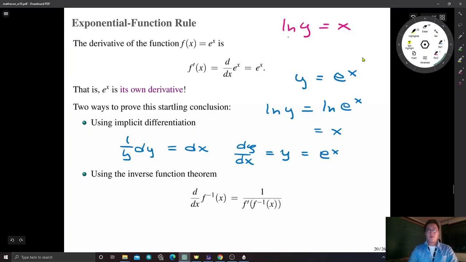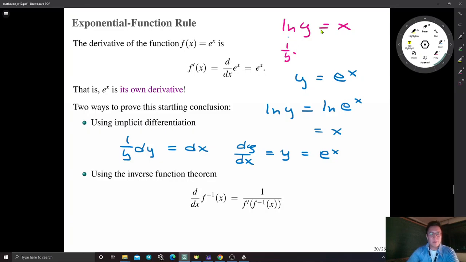If I take the derivative of both sides with respect to x using the chain rule, I'm going to have 1 over y, and regarding y as a function of x, dy over dx. Wait, just a second. ln y equals x. Oh, okay. Sorry about that.